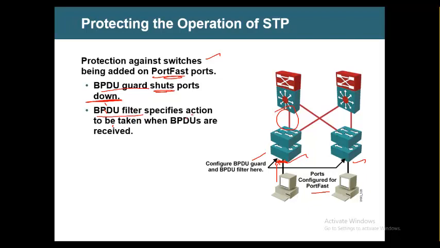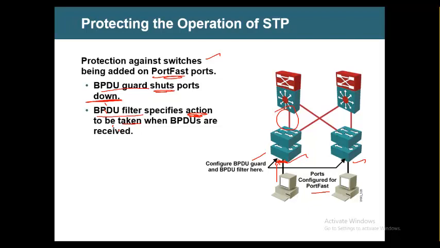You can also set some specific action for what to do if a BPDU comes, but usually we don't do that. We just leave it default because we have BPDU guard to shut down. If you don't like the port to be shutting down, you can enable BPDU filter. So these three features, port fast, BPDU guard and BPDU filter, help to protect our network from being confused by rogue BPDUs.